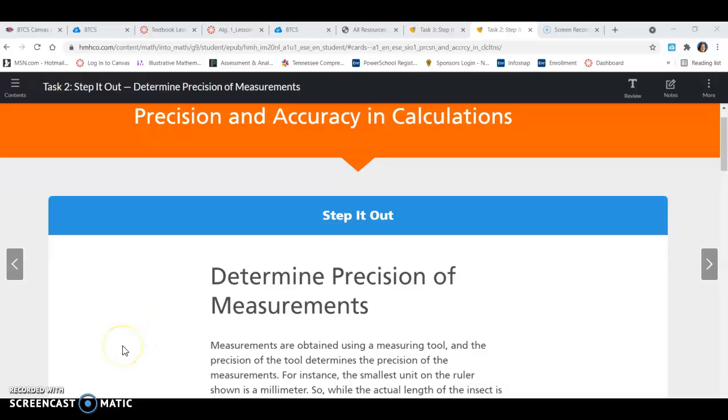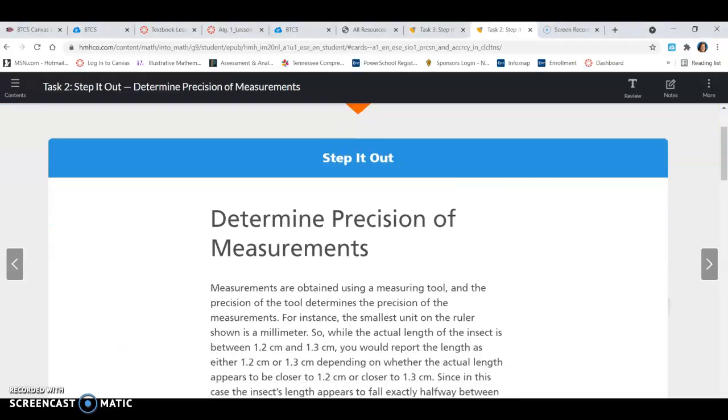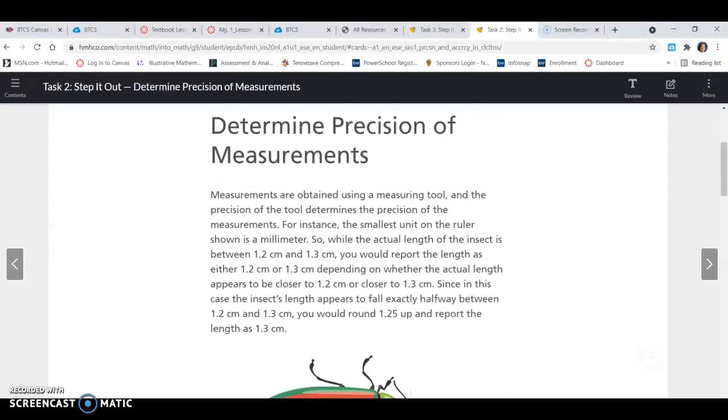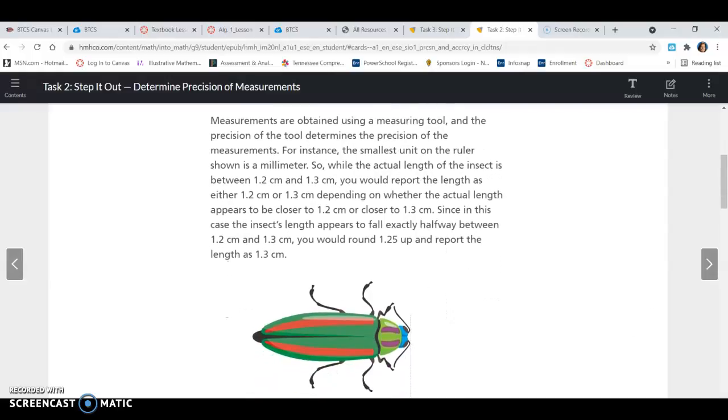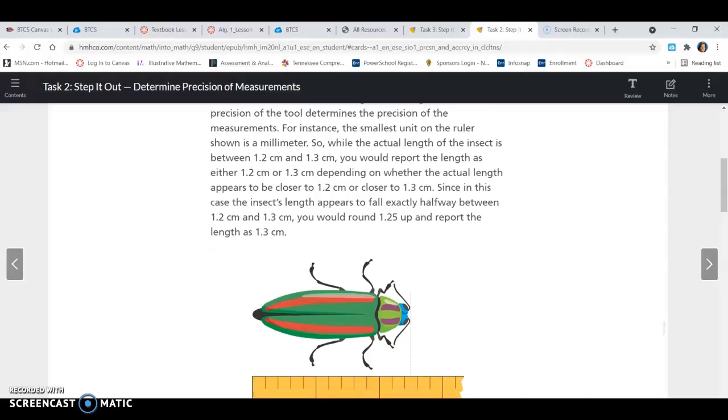So today we're going to look at precision and accuracy in calculations. All right, so this says determine precision of measurement. Measurements are obtained using a measuring tool, and the precision of the tool determines the precision of the measurements. For instance, the smallest unit on the ruler shown is a millimeter.